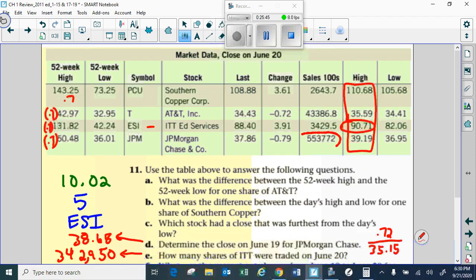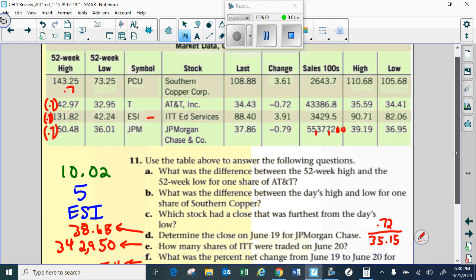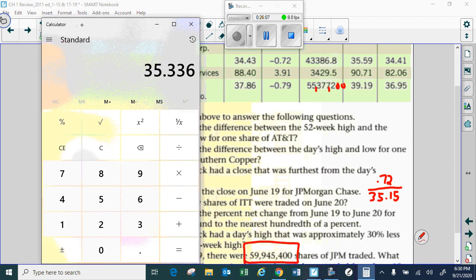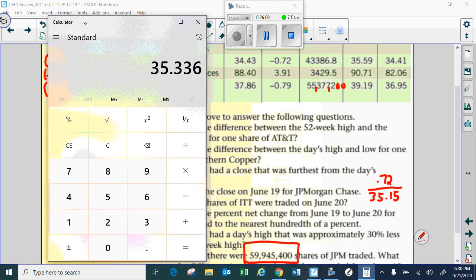Traded on JPM is that times 100, so we're just adding 2 zeros to it. 55,300,000. Okay, so now I just put that in the calculator. And remember, difference means subtraction. So 59,945,400 minus 55,377,200.